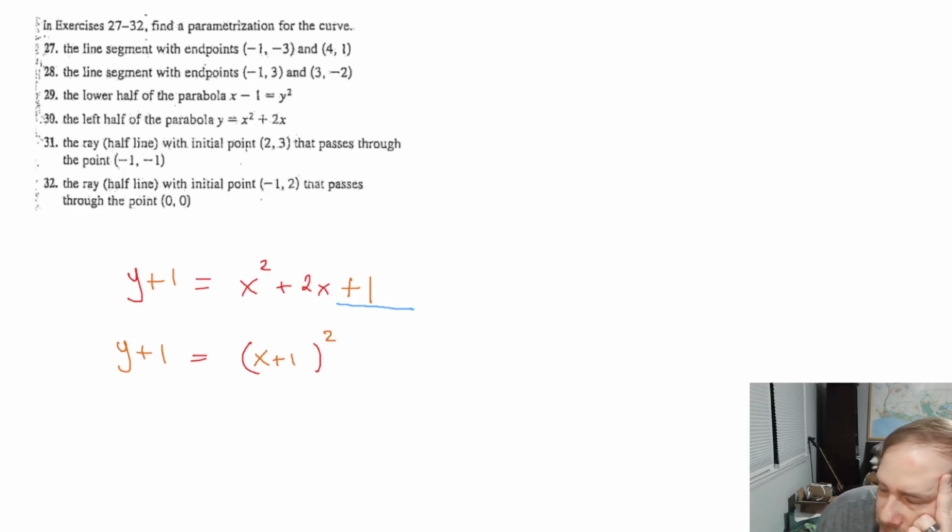Okay. But the good news is, now that I have this in this form, I could go ahead and just let the y plus 1 equal t. I could let the x plus 1 squared equal t, and I'll get better looking parametric equations. So if y plus 1 equals t, then y equals t minus 1. I didn't leave any room for my x's.